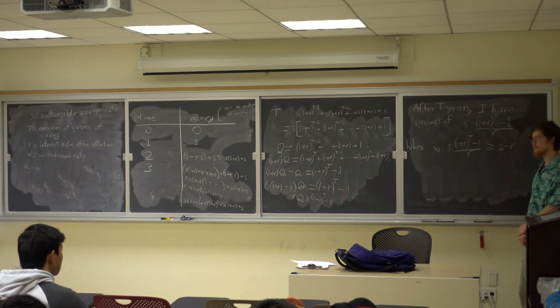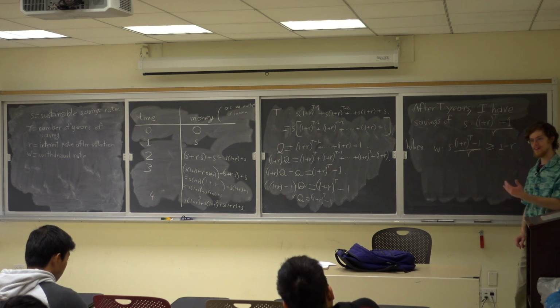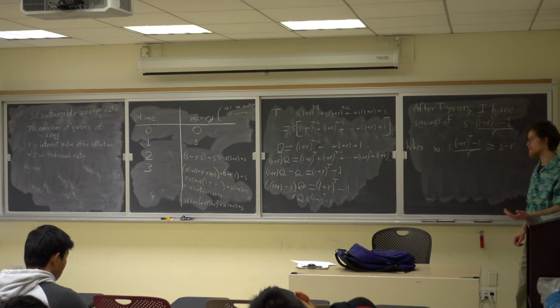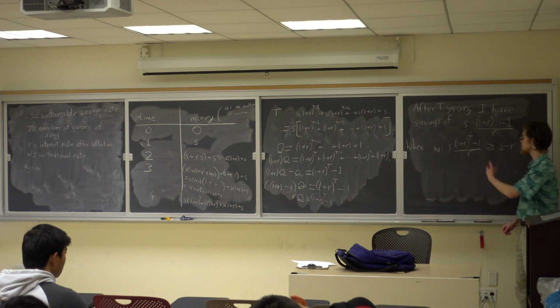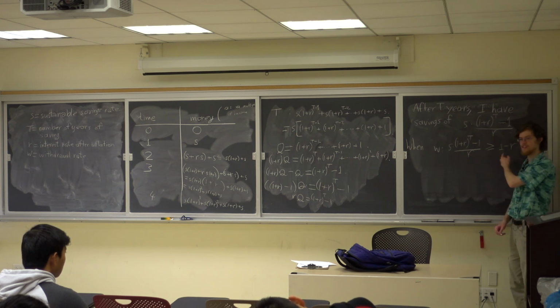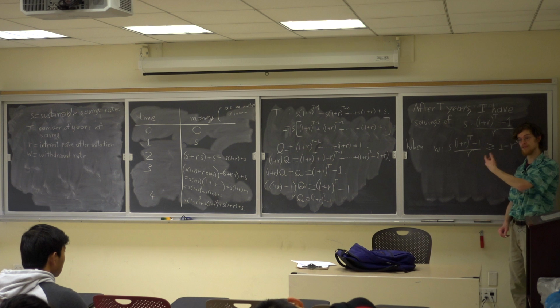So t is the number of years to retirement. The smallest number of years to retirement is the first time that the left side is greater than or equal to the right side. The first time it's greater than or equal to it is the first time it's equal to it.